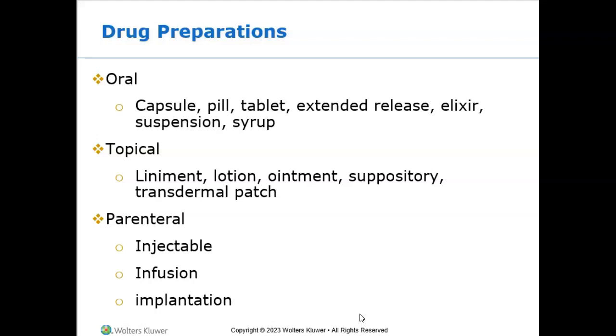A liniment is a topical, something that helps heat up the muscles maybe, and then you have your lotions, ointments, suppositories. I never really think of suppositories as being topical. And a transdermal patch, so that would be like your nicotine patch, or maybe when we put a patch with nitroglycerin on someone's chest who's having chest pains.